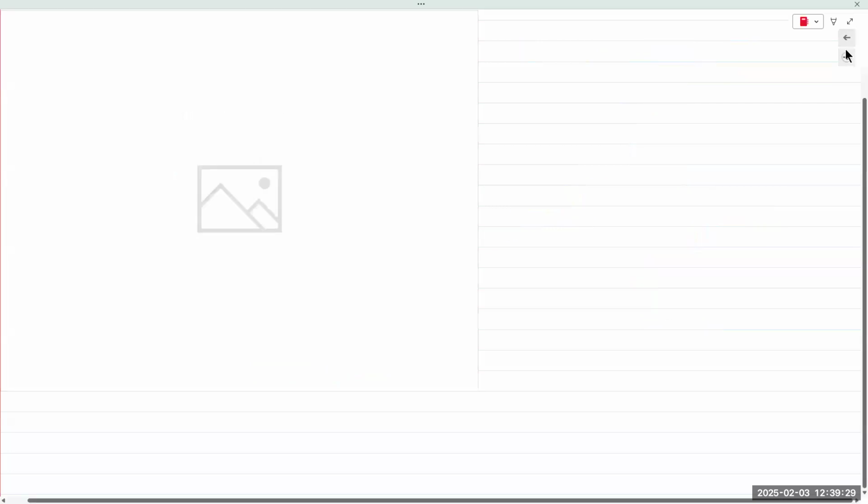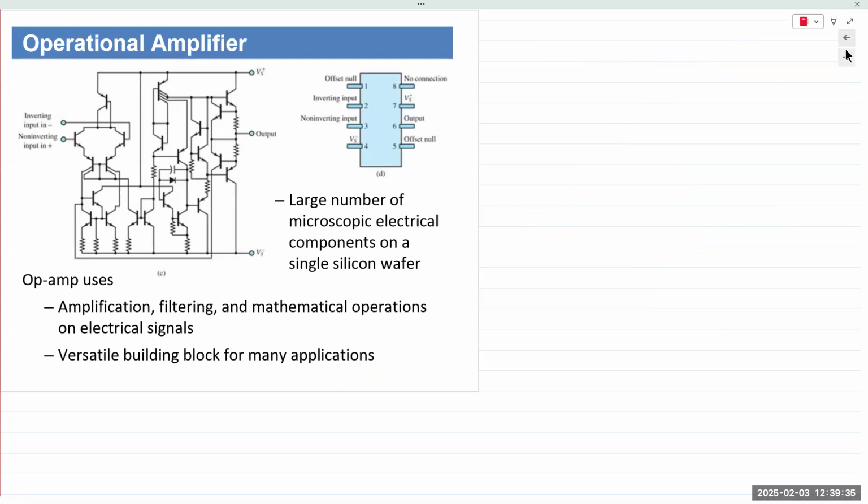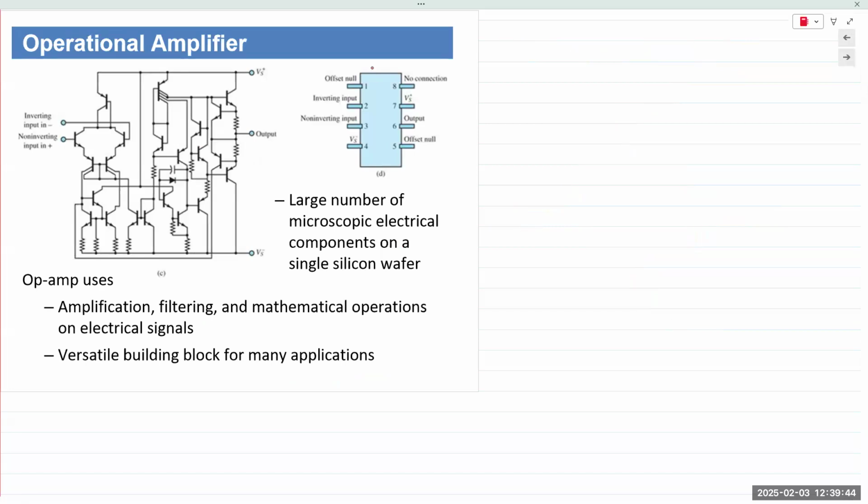If you add a few resistors to that circuit, it becomes an amplifier. If you add a few capacitors in there, it becomes like a filter. This is a circuit diagram of one of the most popular op-amps, model number IC741.